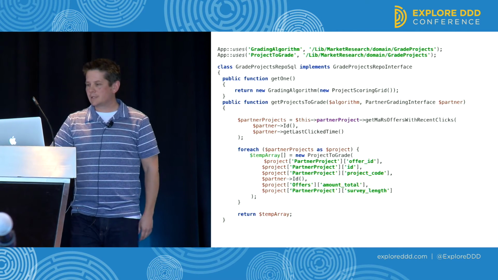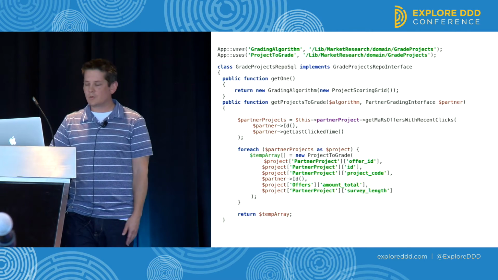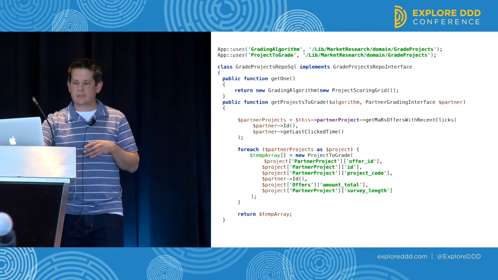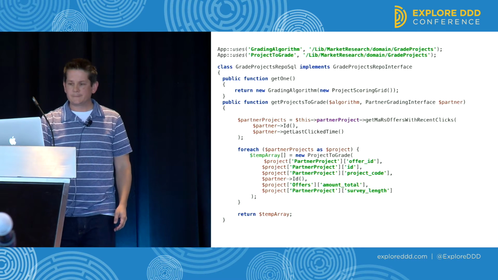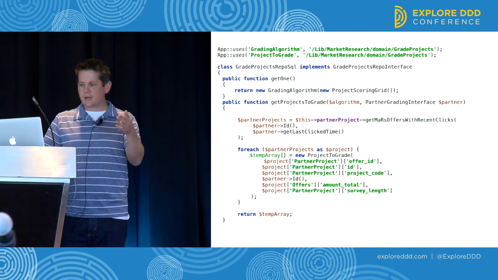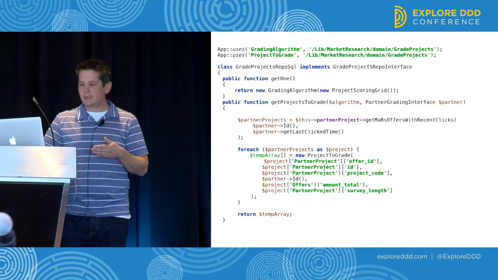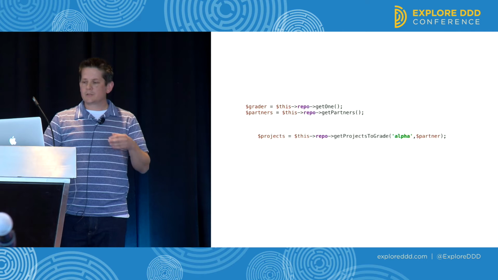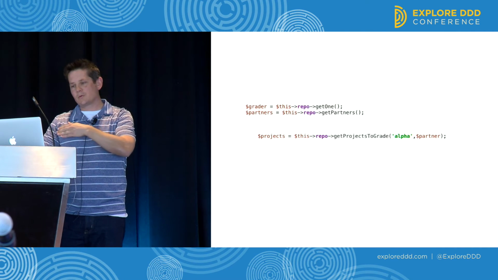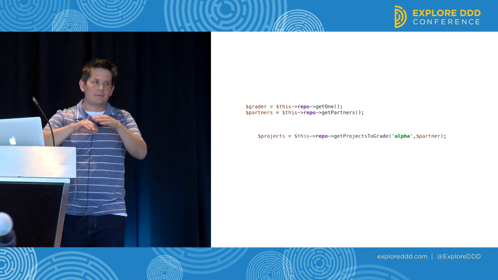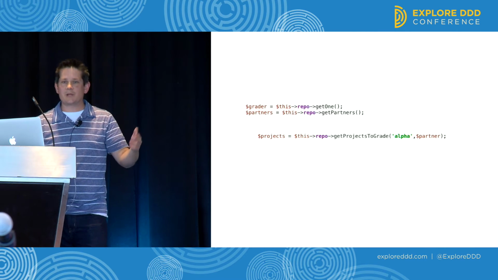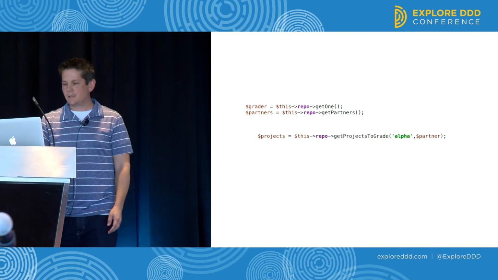Quickly, this is the SQL repository, which is only calling our databases. And you can see here, we pass in, let me step back a sec. So we get our partners, and then we're looping through those partners. And within each partner, there are projects that we might want to grade and not grade.